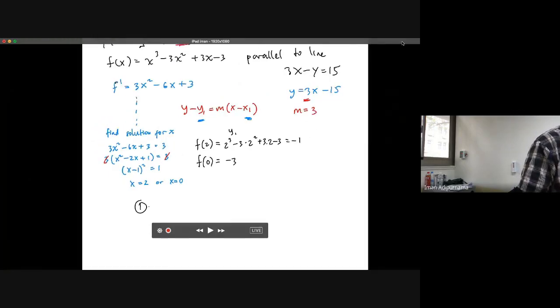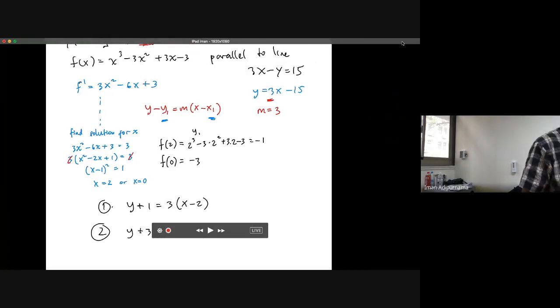So first is y plus 1 equals 3x. Second will be y plus 3 equals 3x. You can solve this. You have two equations.